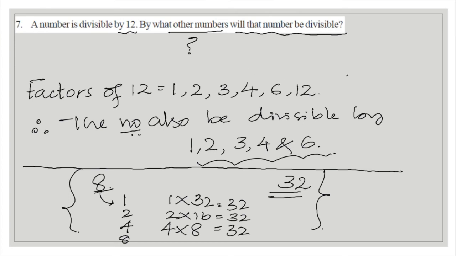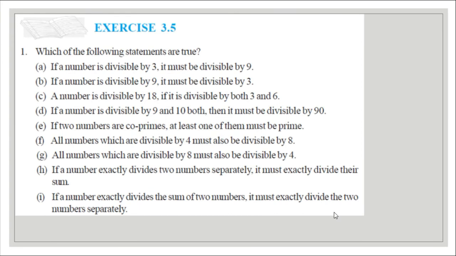With this, we have completed exercise 3.4. We shall look at exercise 3.5. The first question of exercise 3.5 is to state whether the following statements are true. If a number is divisible by 3, it must be divisible by 9.